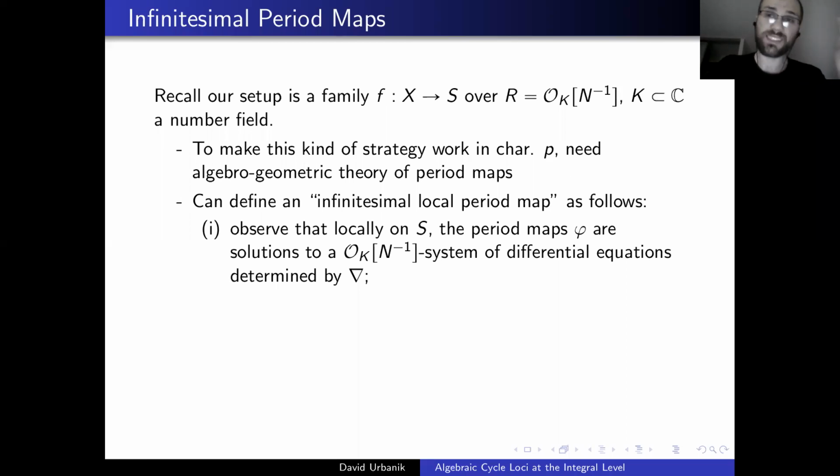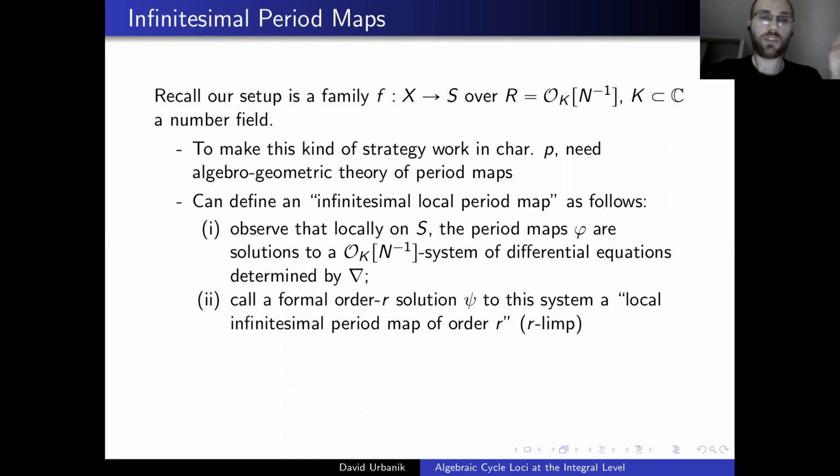And because the connection is defined integrally, that system of differential equations is also defined integrally. So we can simply say: because of the positive characteristic issue that you can only consider denominators up to the characteristic of the field, we call a local infinitesimal period map of order R, which I'm going to abbreviate to an R-limp, a formal solution to this system of differential equations.